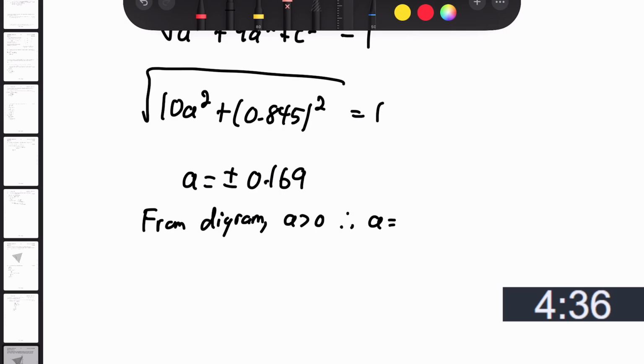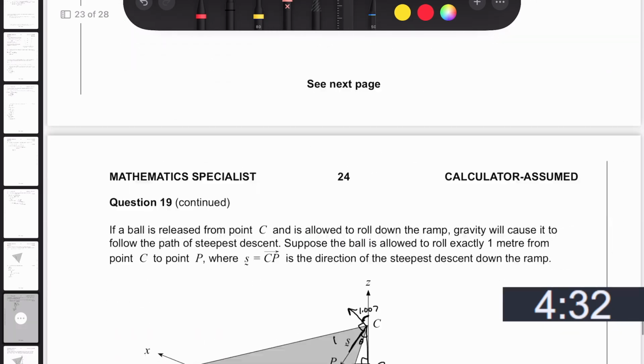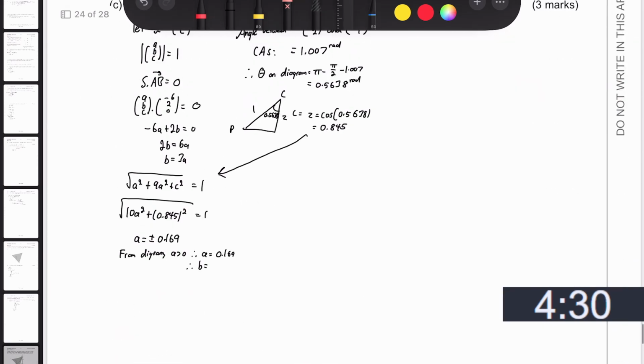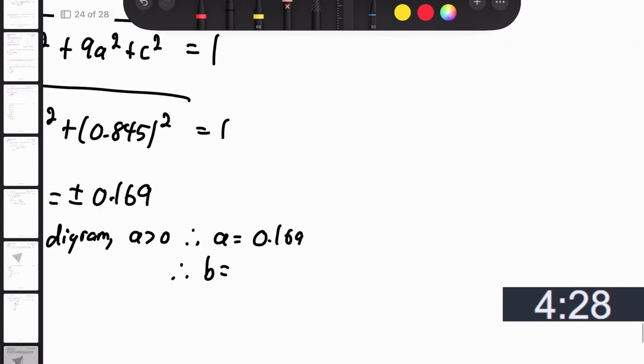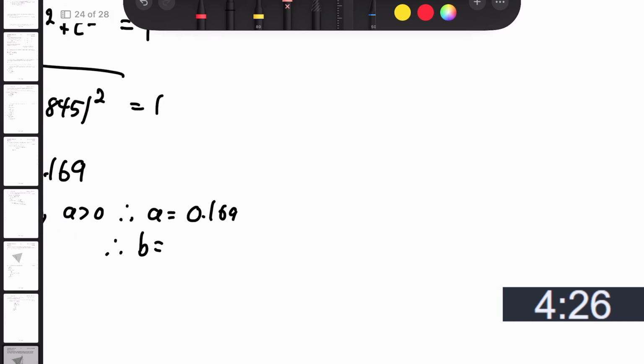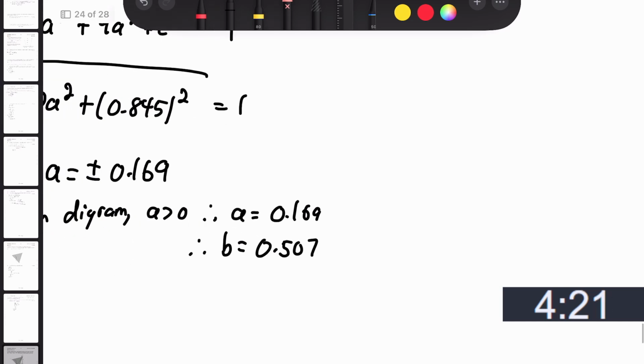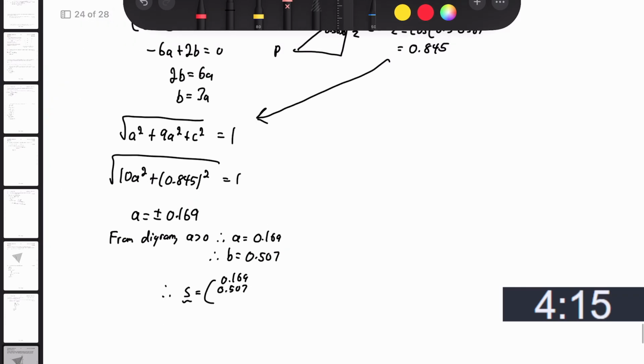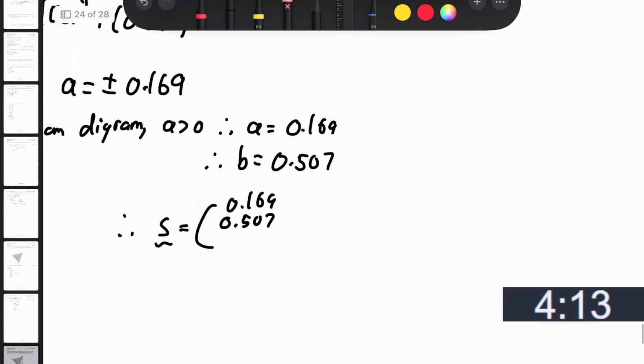Therefore A equals 0.169, therefore B is going to equal 0.169 times 3, 0.507. Therefore S is equal to (0.169, 0.507, 0.845). Okay, let's see.